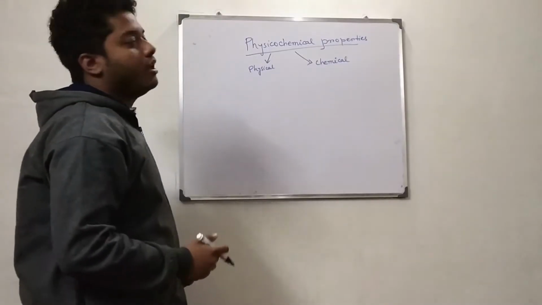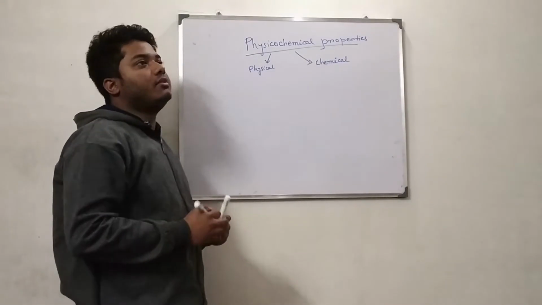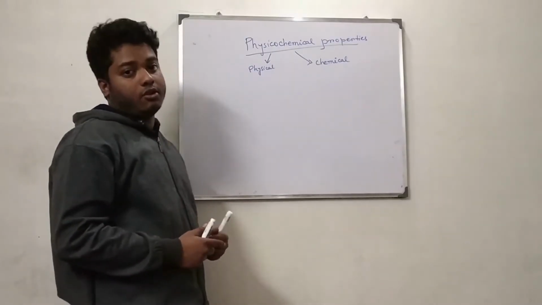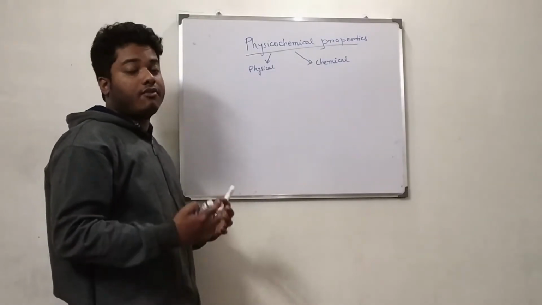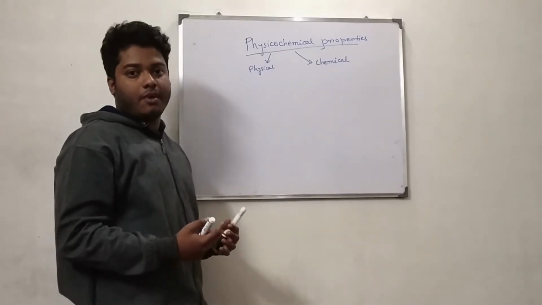Now we know that drug molecules have different physical properties and different chemical properties. In drug molecules we see that there are different functional groups and different spatial arrangement of the atoms within space.